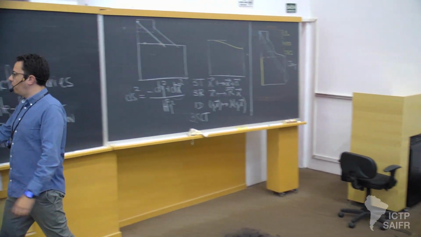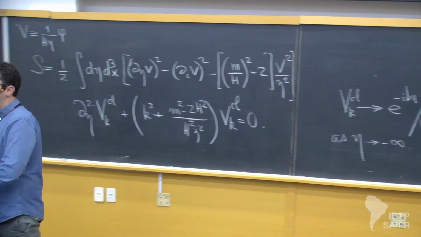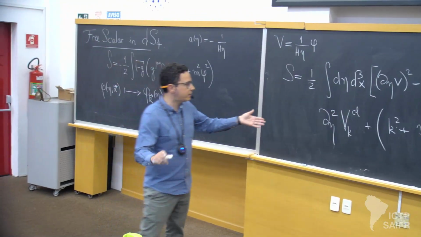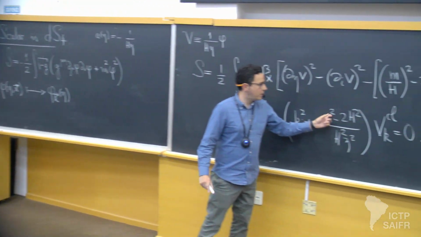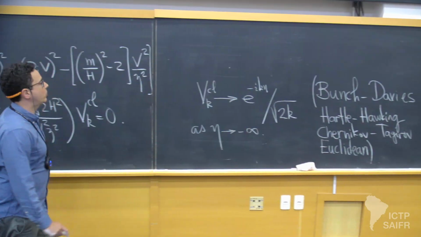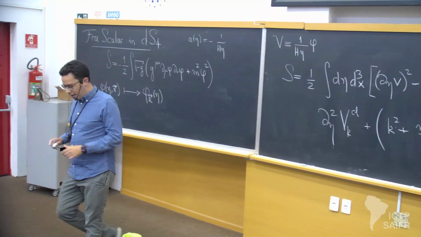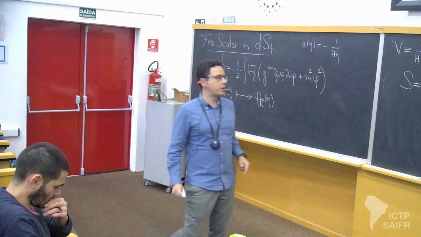So we're going to impose that this is the right way of quantizing. And this is mass agnostic. For any mass, if you go to very early times, you should impose that your mode functions behave like this. So this is very nice. And everything that we understand follows from this quantization.